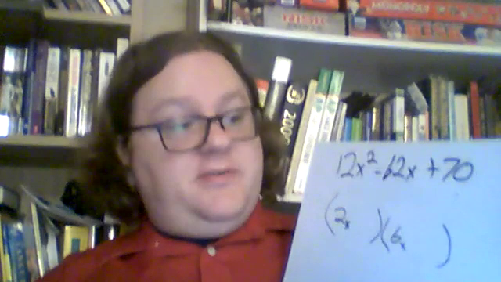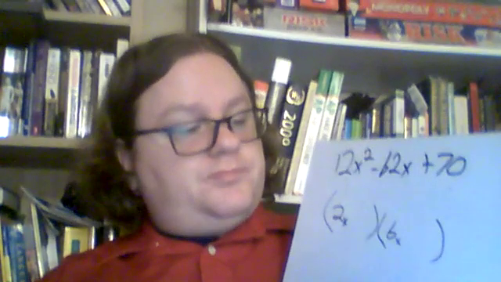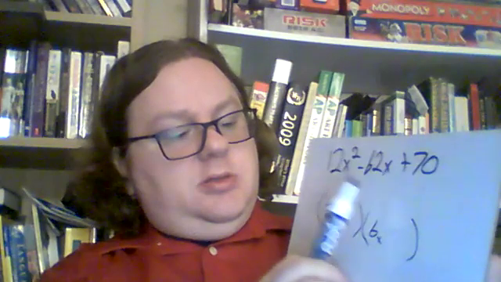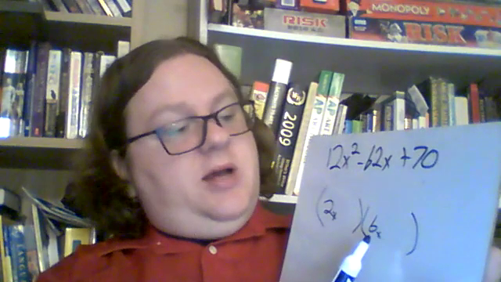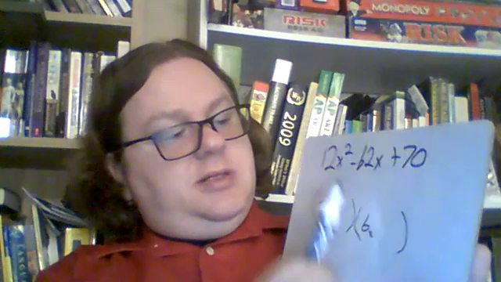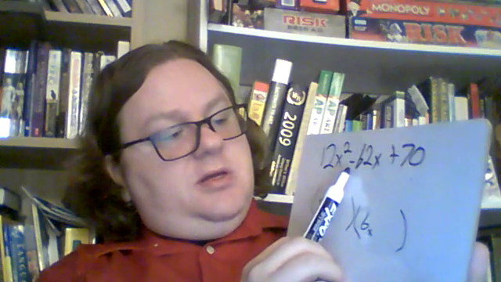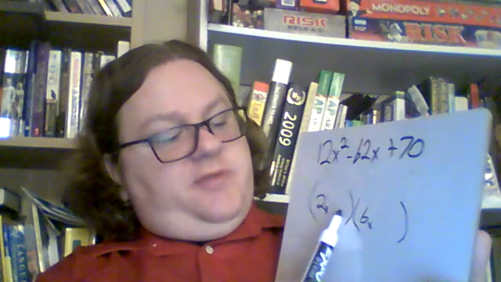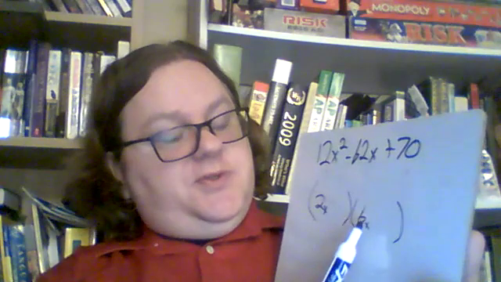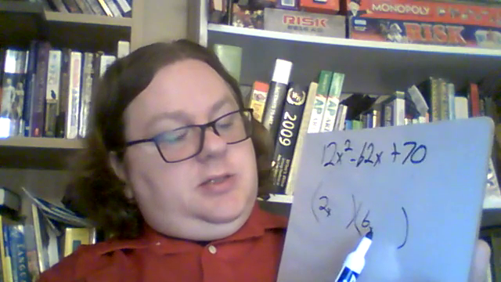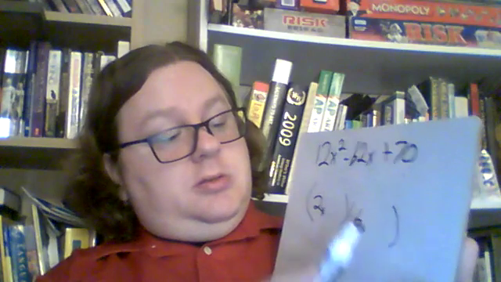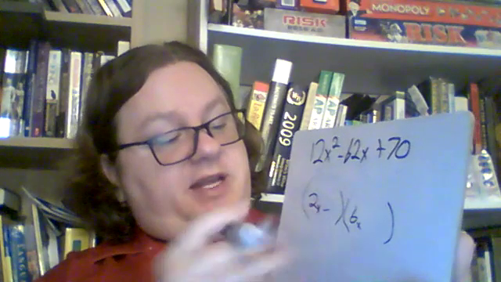I forgot about 5 and 7. Because this middle number is so big, let's see here. Well, it's a negative. So if the middle number is negative and the last number is positive, that means both of these have to be negative numbers, right? And have to add together. So I'm going to do negative 7 and negative 5.